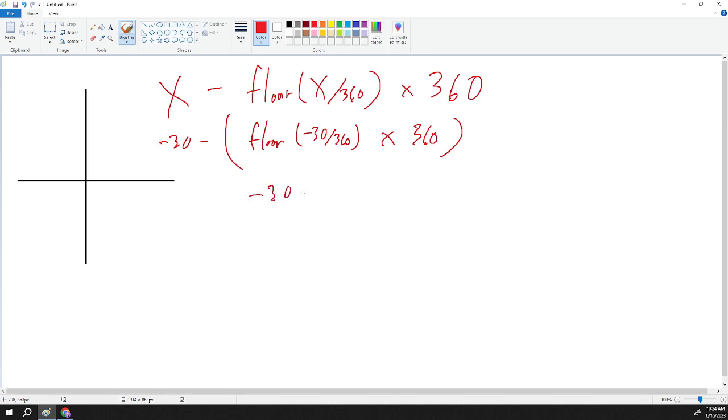So negative 30 minus negative 1 times 360, negative 30 minus negative 360. We distribute the negative: 360 minus 30, which is 330. Would there be a plus 1 if the angle is below 360? Yeah, same thing.